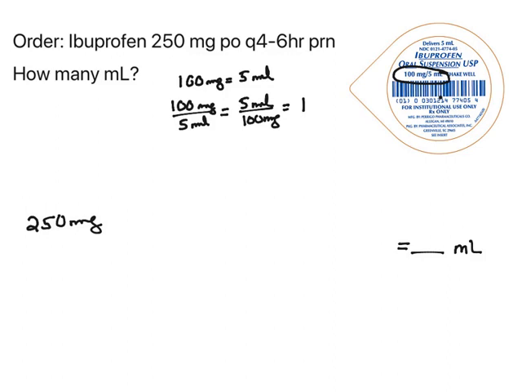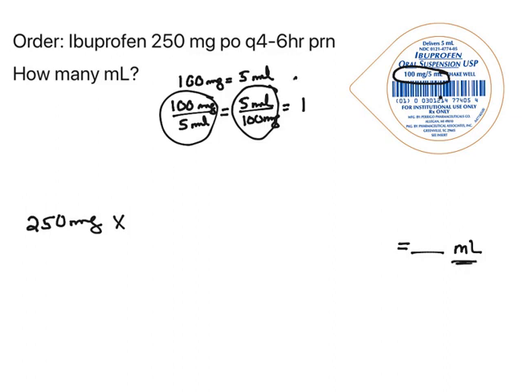Again, because any value over an equivalent value is equal to itself, just like any value over itself is equal to 1. So what I'm going to do then is multiply by 1 throughout until I get the units that I want. I'm going to look at this one and this one, and decide which of these two I want to multiply by in order to get the units that I need, which is milliliters.